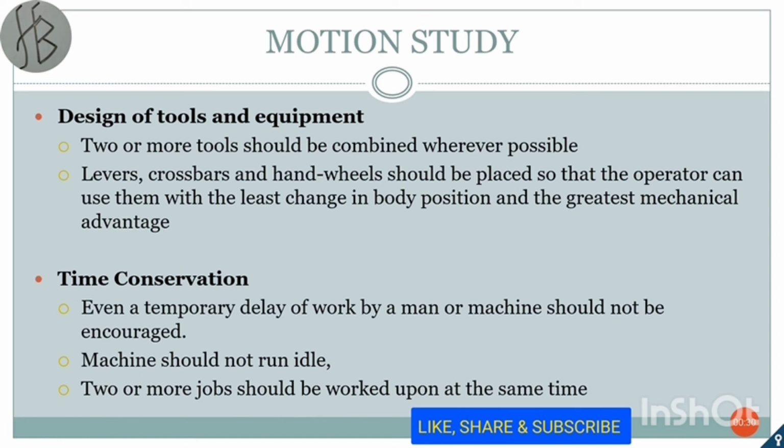It will save time also. The next principle is related to time conservation. Even a temporary delay of work by a man or a machine should not be encouraged. Machines should not run idle. Two or more jobs should be worked upon at the same time.